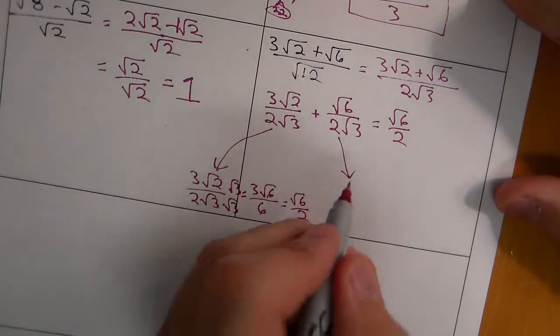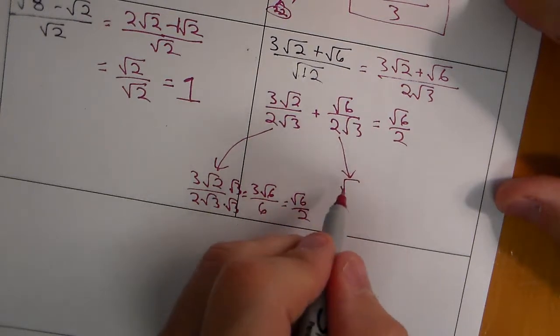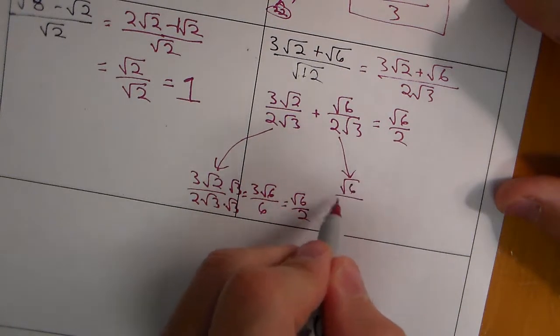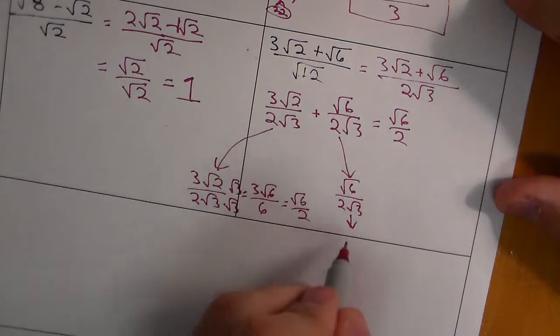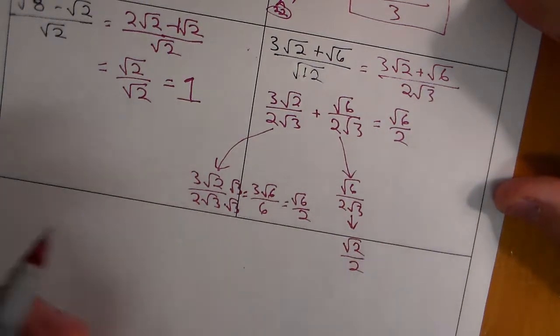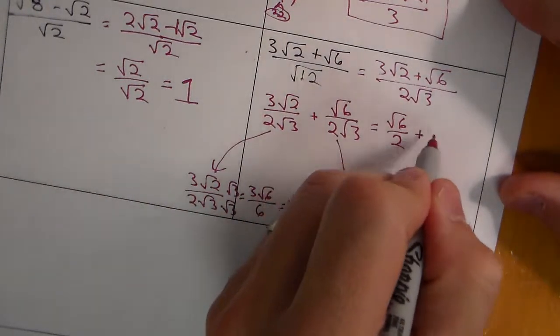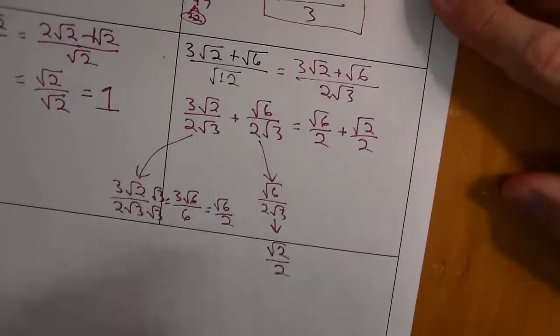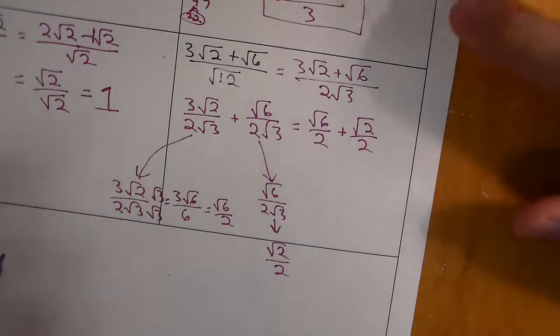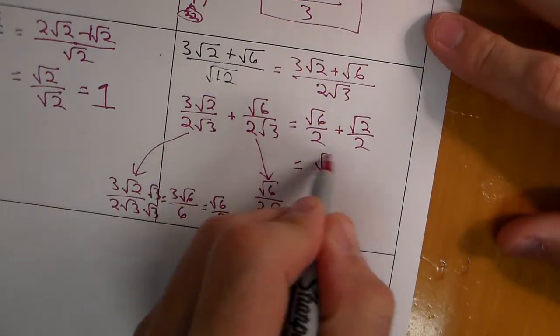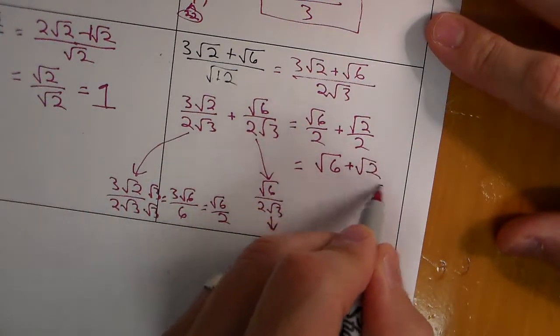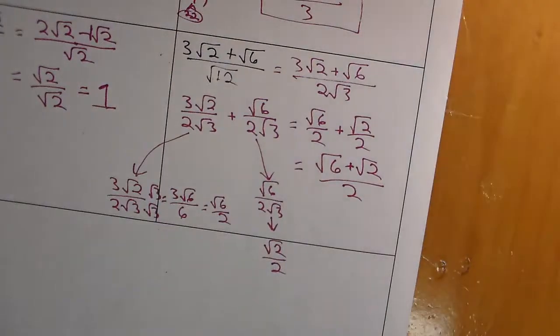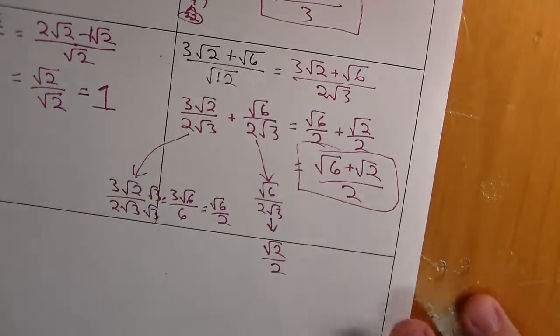This, I can take the 6 and the 3 and reduce them because they're radicals, and make this into the square root of 2 over 2. That's what we have here. Now, they have like denominators, different radicals. The last step, I'm going to combine them and make it the square root of 6 plus the square root of 2 over 2. Still can't combine them, but we've simplified down, we've reduced, and that is our answer.